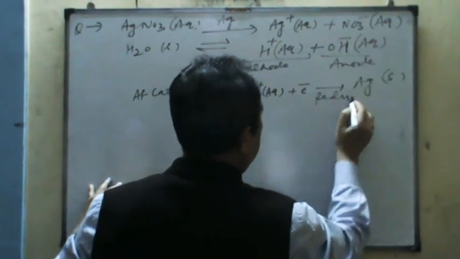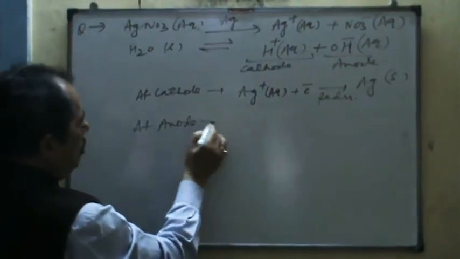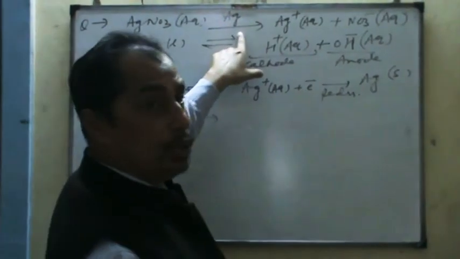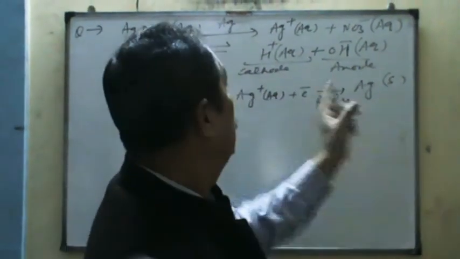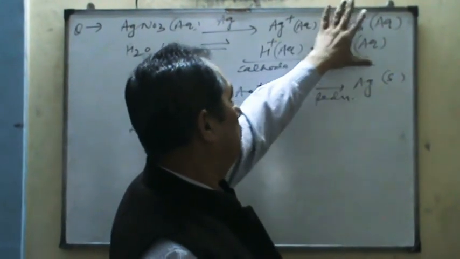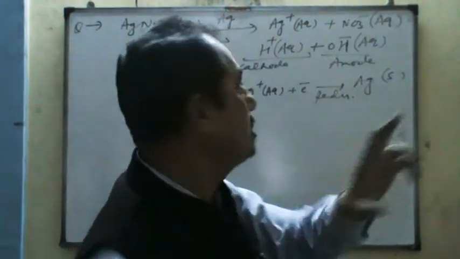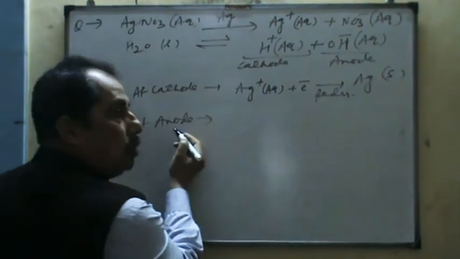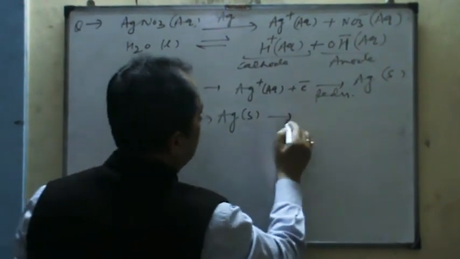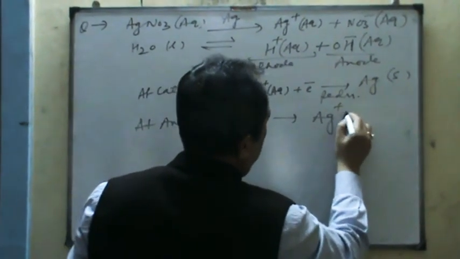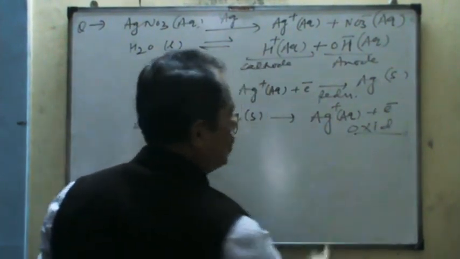It's all right, reduction takes place. Dear students, at the anode silver is an attackable electrode. Therefore these two will be suppressed, they will not take part in the process of electrolysis, only the silver. So at the anode oxidation takes place: Ag solid gives Ag+ (aq) plus 1 electron lost, that is called oxidation.